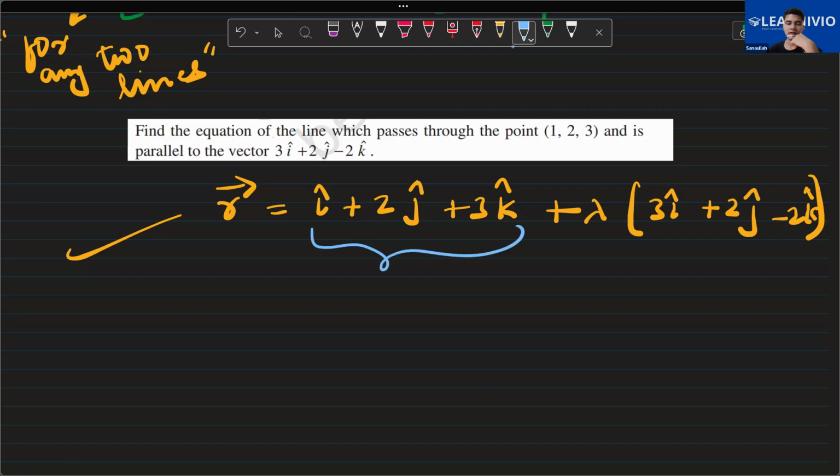इसमें इतना क्यों टाइम लग रहा है? But in exam you have to write like this. Like this is your position vector.